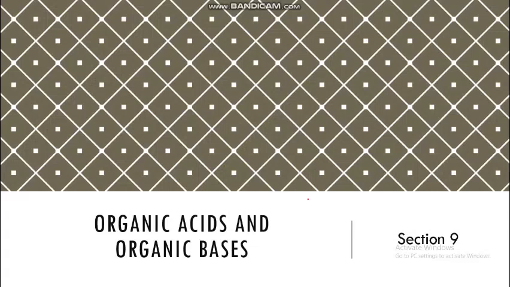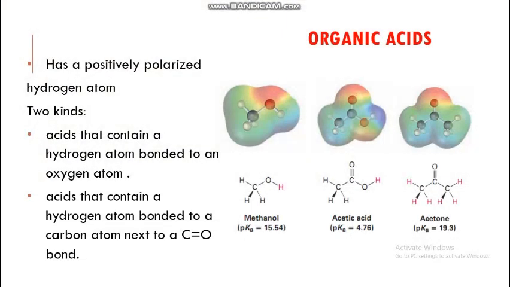So next are the organic acids and organic bases. Organic acids are characterized by the presence of a positively polarized hydrogen atom. Okay, so there are two kinds of acids. We have acids that contain a hydrogen atom bonded to an oxygen atom. So an example of this is the methanol and the acetic acid. So there's a hydrogen atom bonded to our oxygen.